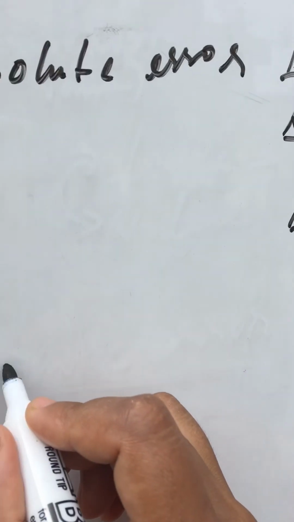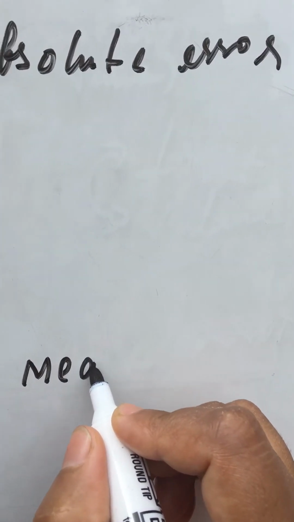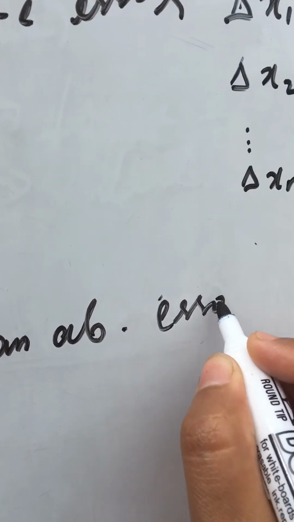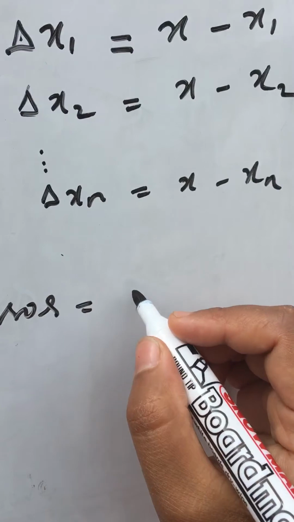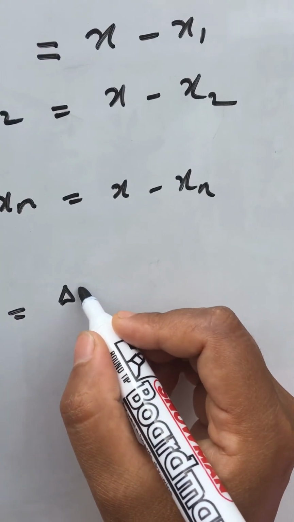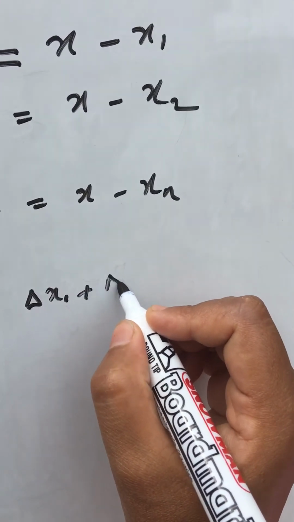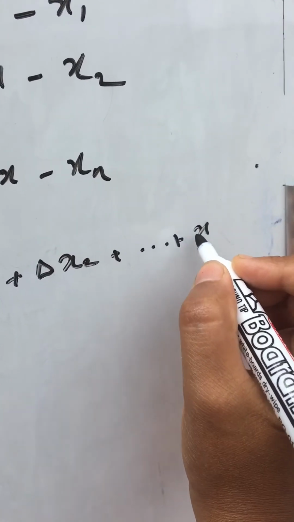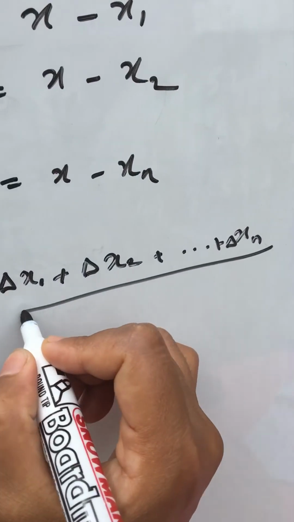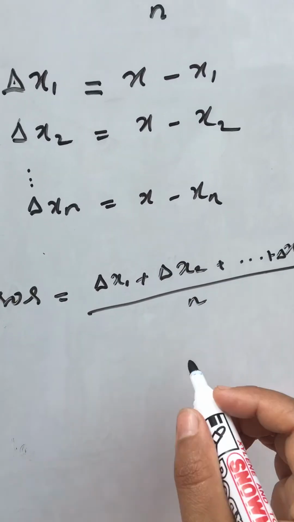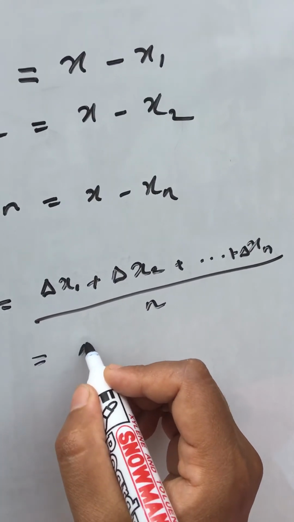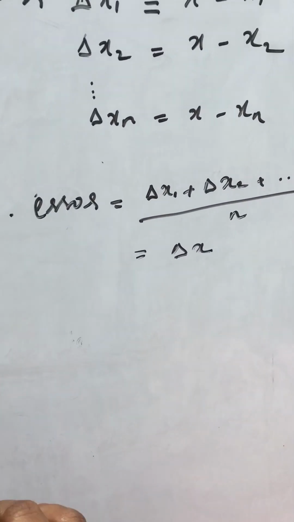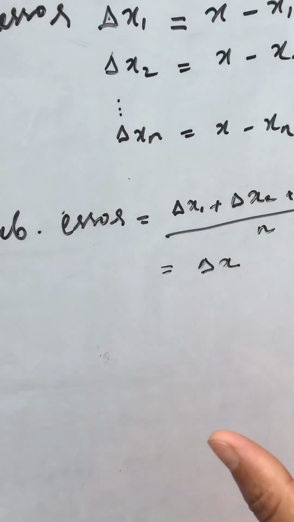Then we have the mean absolute error. The mean absolute error is the mean value of the absolute errors of the individual readings, divided by n. I hope you are able to understand. Let me write it as delta x only, the mean absolute error. Absolute error is our importance.